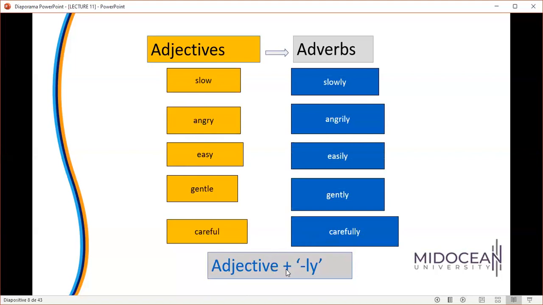You have adjective plus ly. Here you have the adjective and we add ly, terminaison. Regardez la terminaison ici. Donc, j'ajoute toujours ici ly, okay?